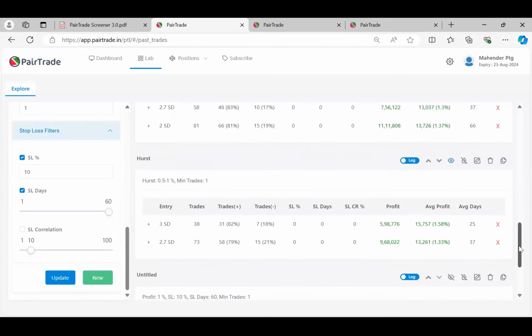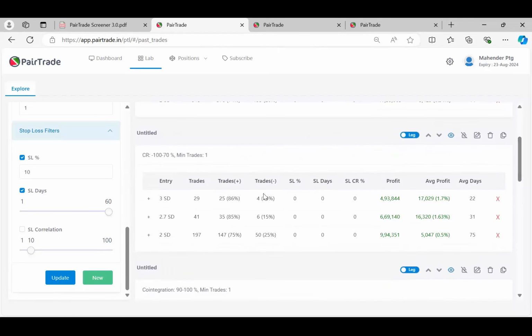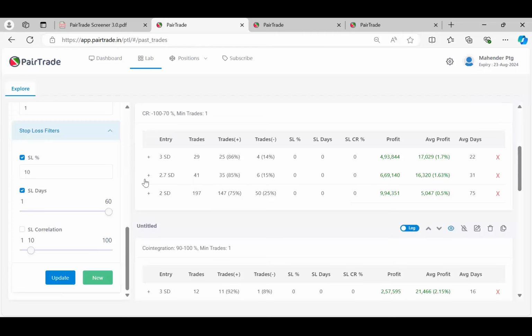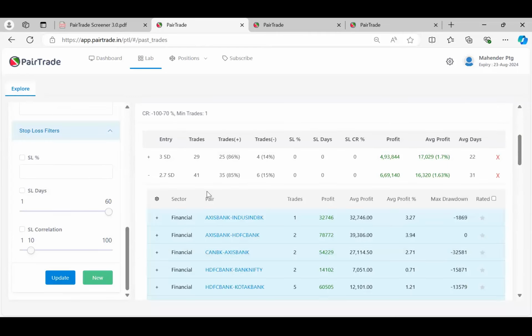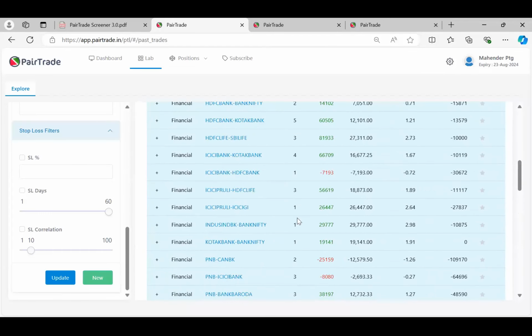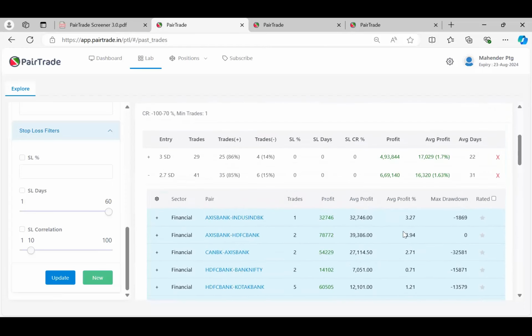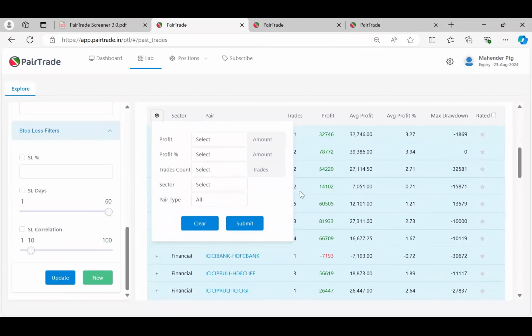Now here, for example, in this combination, we said, okay, good returns are there. Now I can expand and see what are those 41 trades and which trades are negative and positive. If you look at this one, only 3 trades are negative. Now I'll click the settings here and I can further filter this data. I want to look at profit greater than 0. That means all trades which have given negative, not individual trade, but as a group.